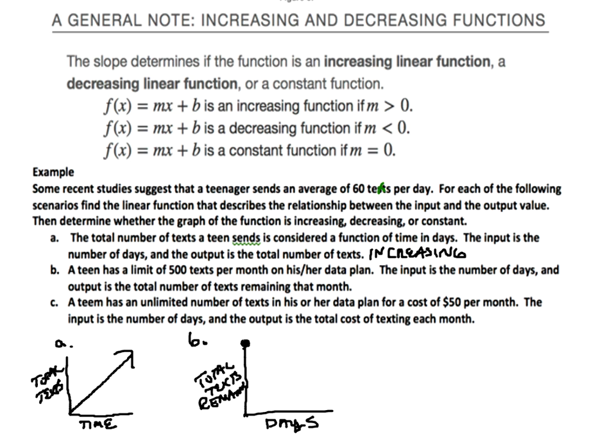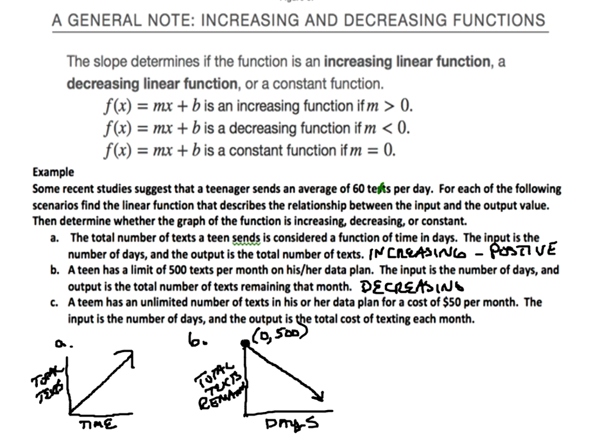Okay, so at the 0th day, that y-intercept, she had 500 texts left that she could send for the month. As the days go on, she's going to be sending texts, so she's going to have less and less text left to send. So this is a decreasing function.